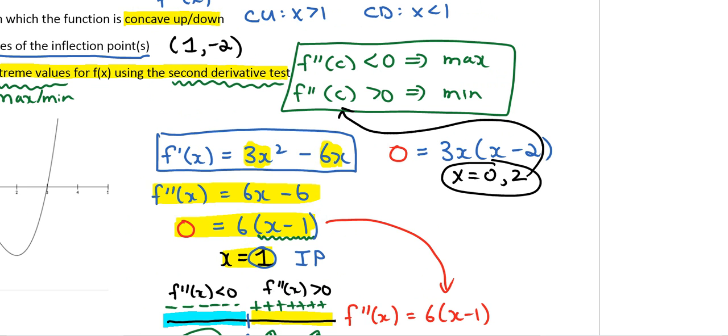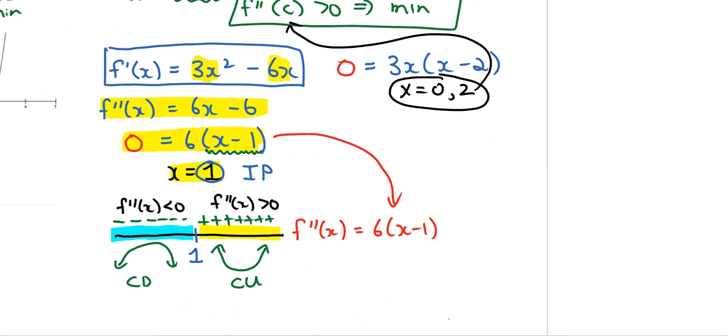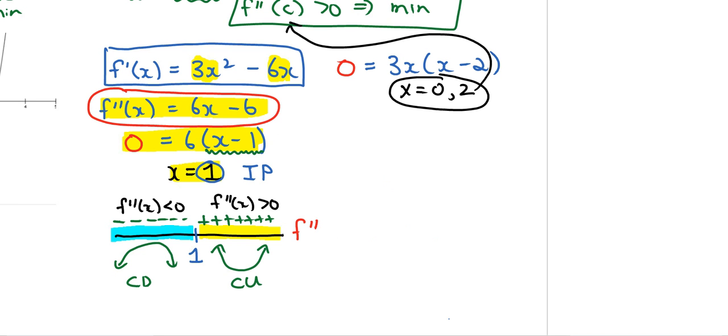Basically what I have to do now is insert these critical numbers into my second derivative. So where's my second derivative? My second derivative is right here in this red circle. Let me delete all this and rewrite my second derivative here. My second derivative is f double prime of x equals 6x minus 6. And now let's evaluate my critical numbers.